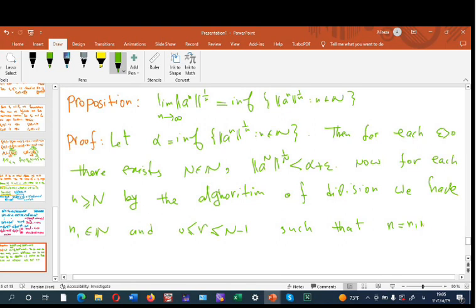Actually, we divide n by capital N, okay? So we have these two elements.